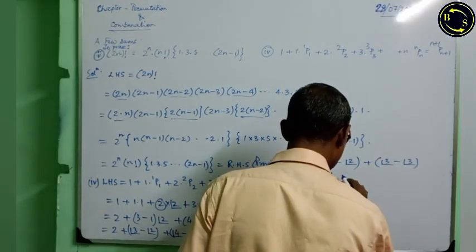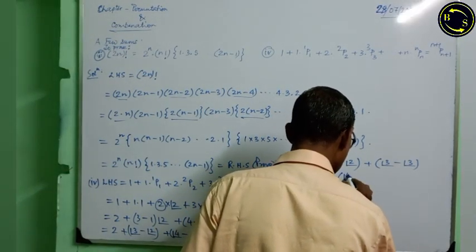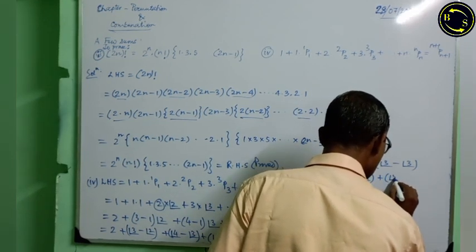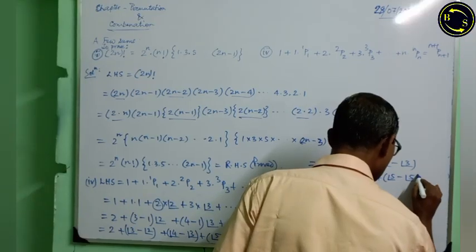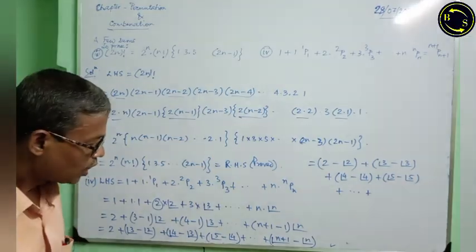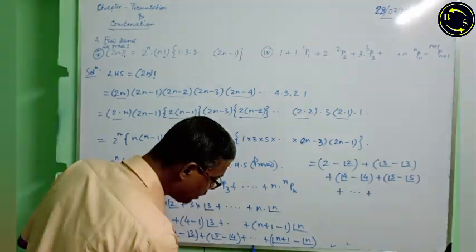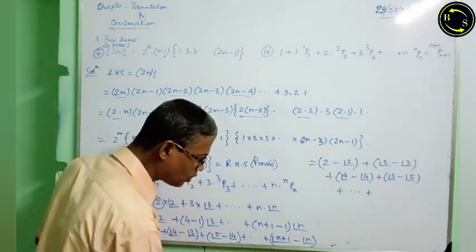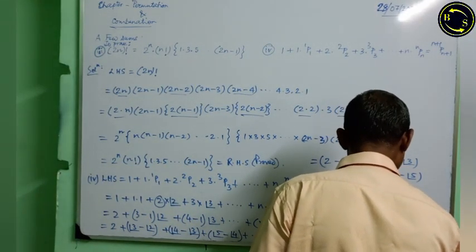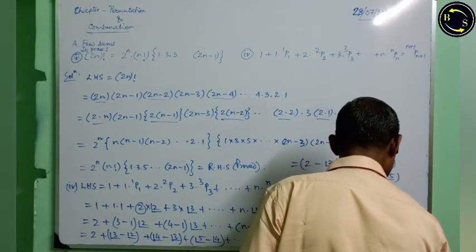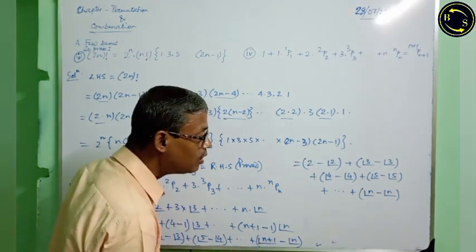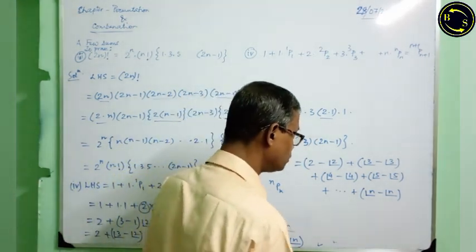Therefore, we can group like this. Now, in the earlier group, there will be plus factorial n. Therefore, the last but one group will be factorial n minus factorial n. Only this will be there, only one.